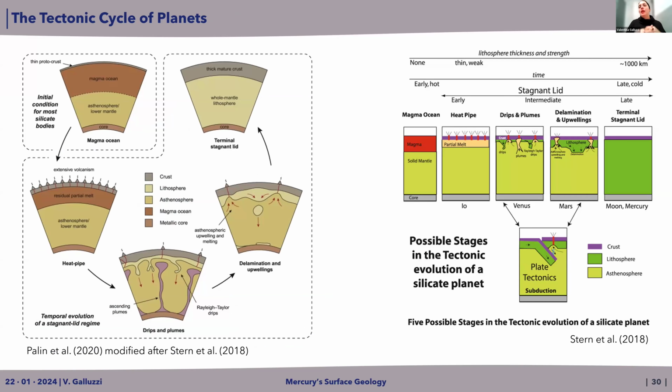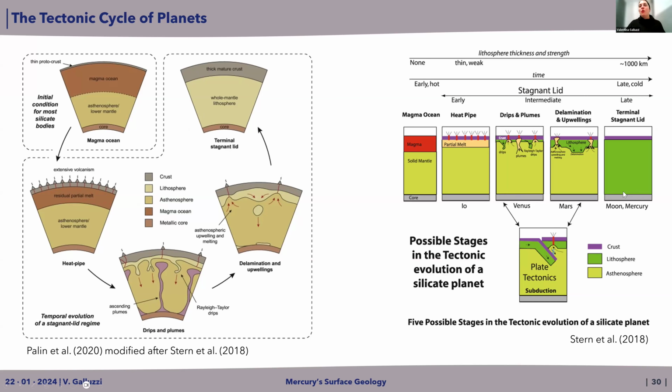Mercury is often ignored in the tectonic cycle of the planets because, as you know, Venus and Mars show outstanding examples of tectonics, and Mercury is often compared to the Moon, where nothing happened; it was frozen at its early stages and stopped.